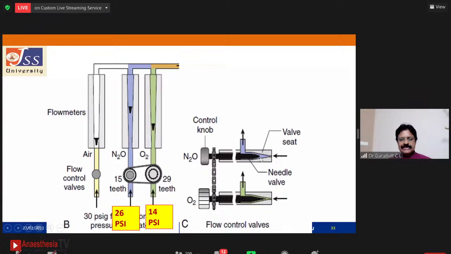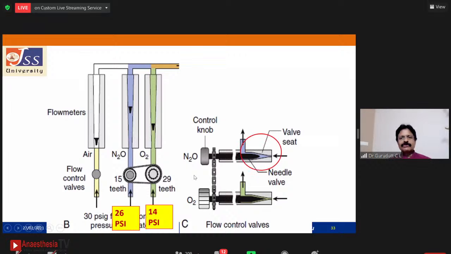One more thing: if you see the needle valves of nitrous oxide and oxygen, there is a slight difference in their shape. The needle valve of nitrous oxide is slightly blunt, so there can be more flow of nitrous oxide through the needle valve compared to oxygen. This also helps in maintaining the 3:1 ratio of nitrous oxide to oxygen.